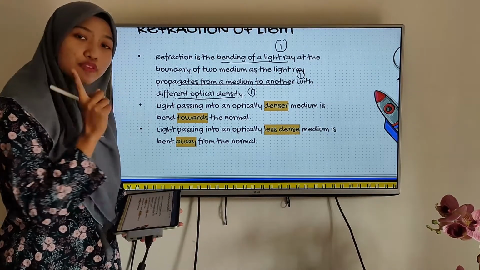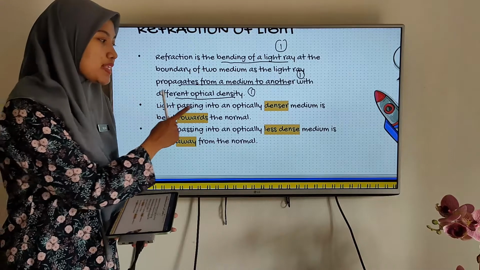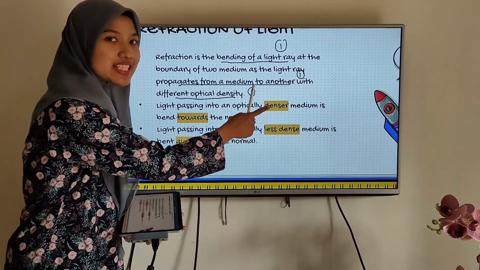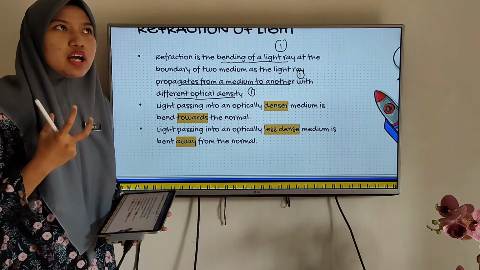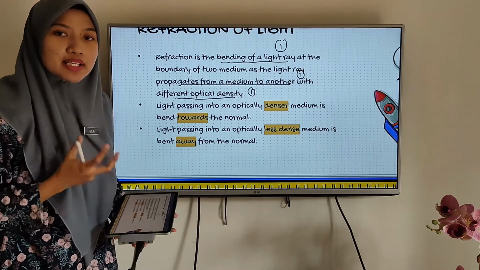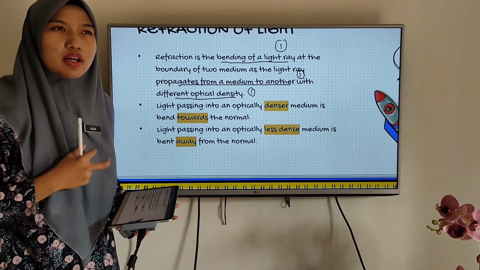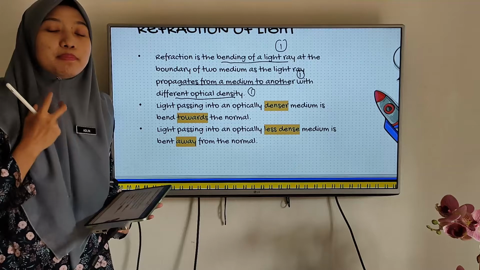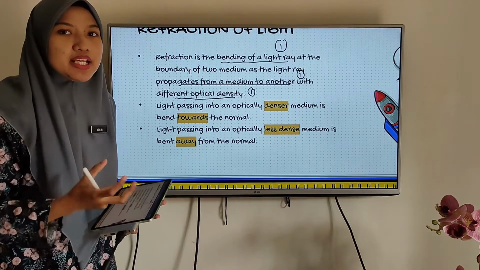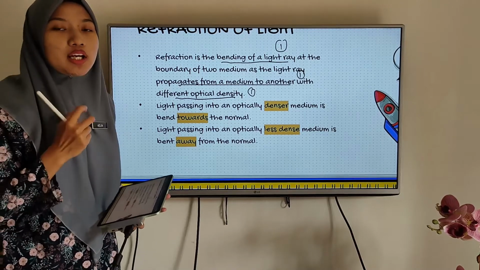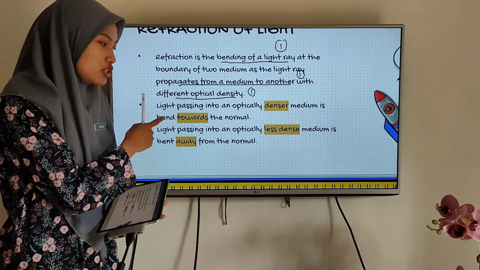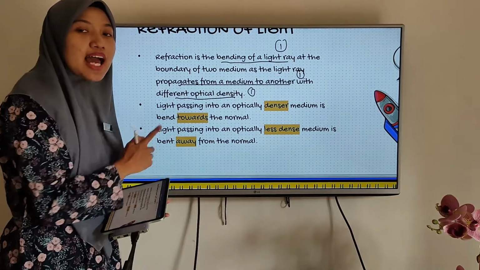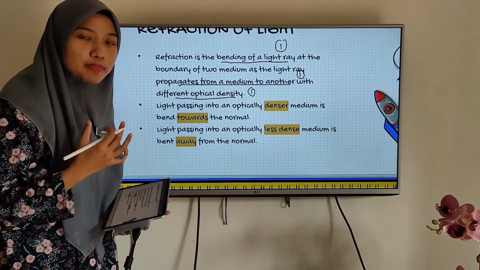You have to remember that light passing into the optically denser medium, meaning a medium that is more dense, like oil, diamond, glass. Those are examples of the denser medium. So the light bends towards the normal. Light bends towards the normal. You have to remember that.